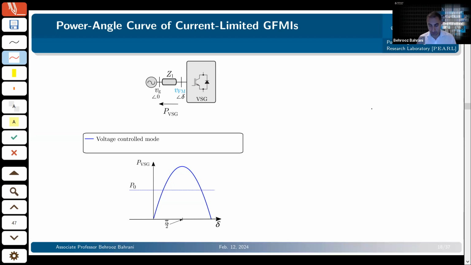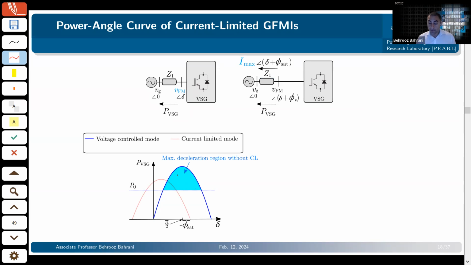But this is not always the case, and we know that we might have current limitation. Now, if we are in the voltage control mode, this would be the maximum deceleration region. If we are here at the stable operating point, up to here, we can decelerate. And if the fault is cleared anytime before here, we can stably go back to the point and the system will be stable. But we know that we have this current limitation.